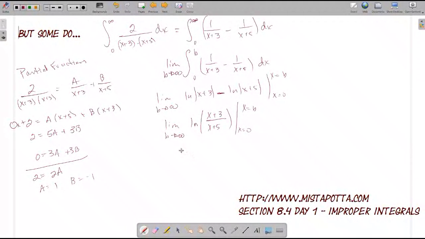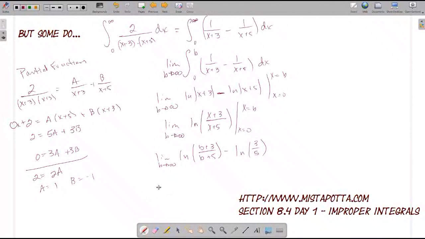So this is going to be the natural log of (b plus 3) over (b plus 5), minus the natural log of 3/5, as b increases without bound.